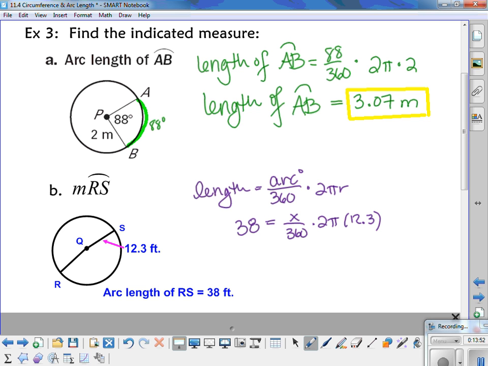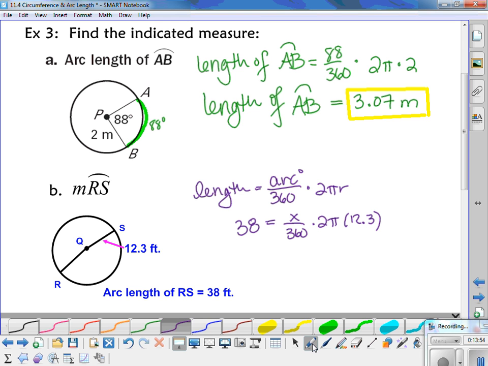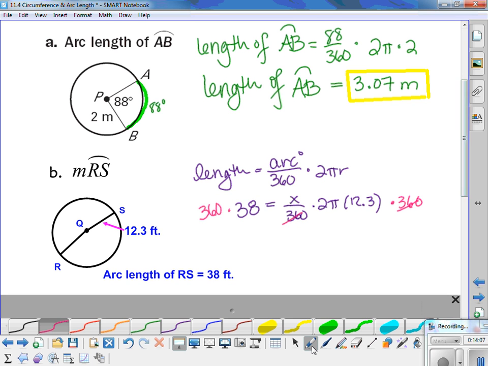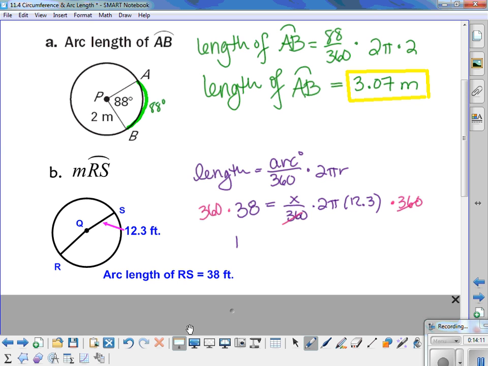All right, so I want to get x alone, so first thing I'm going to do is take care of that 360 on the bottom by multiplying both sides by 360. Now those cancel out. And I get 13,680 equals x times 24.6 pi.